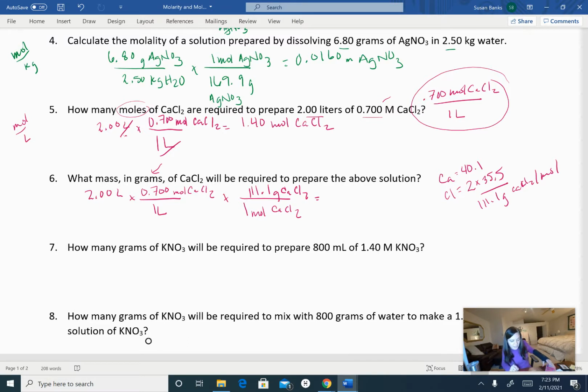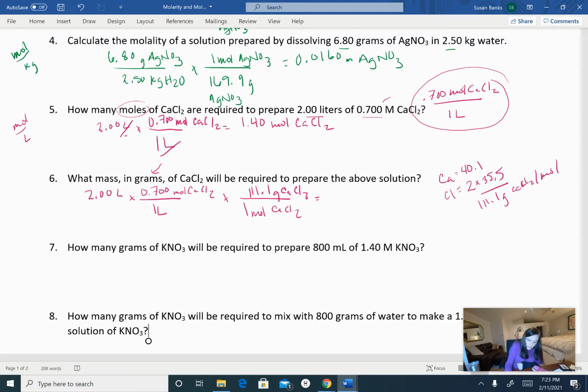So I'm going to take 2 times 0.7 times 111.1. I have 3 digits, so this will give me 150. Let's see, I really want to see where this rounds. 2 times 0.7 times 111.1.